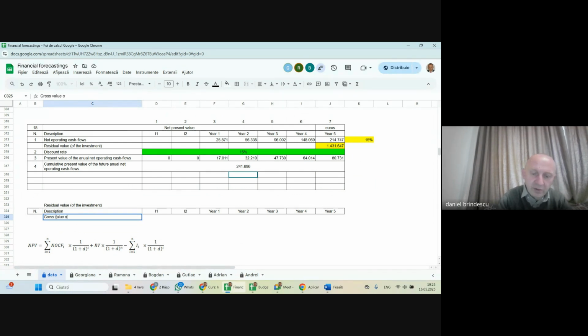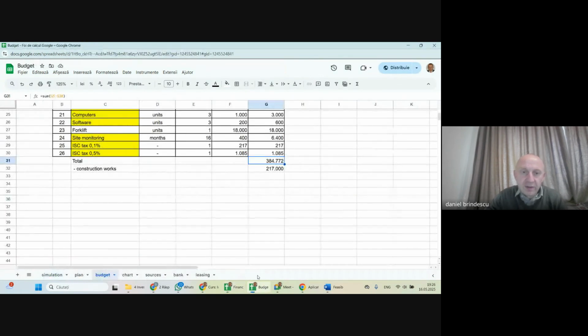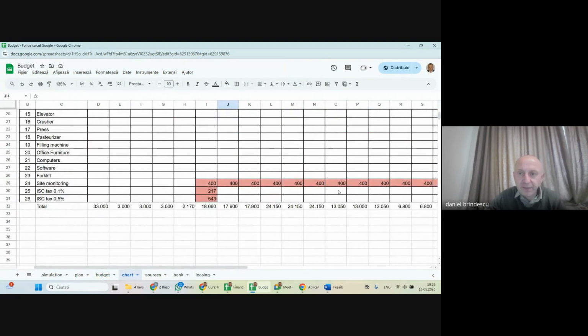Gross value investment from accounting, and I will go in my implementation chart.